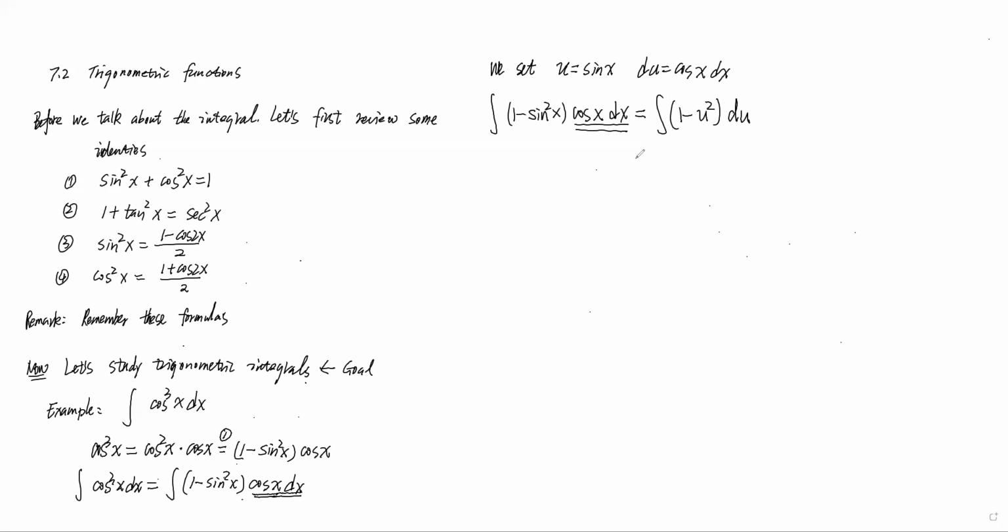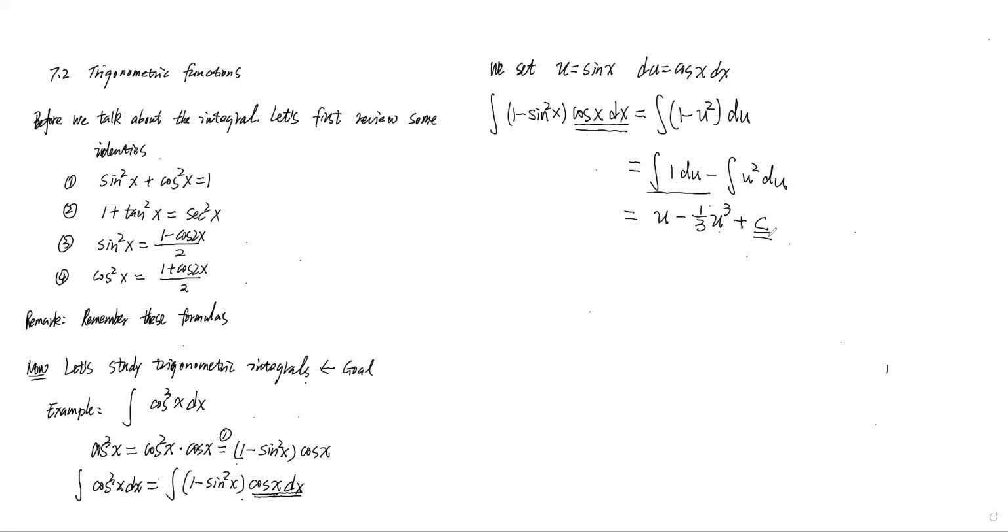So let's continue to calculate this. This is the integral of 1 du minus the integral of u squared du. The first term is u, right? The second term is one third u cubed, plus a constant. Don't forget that.